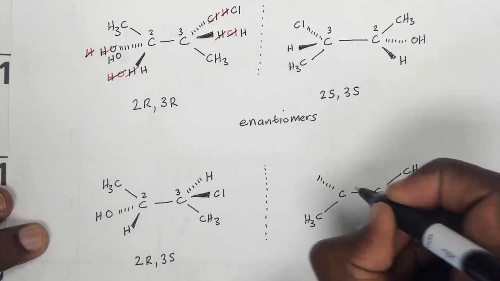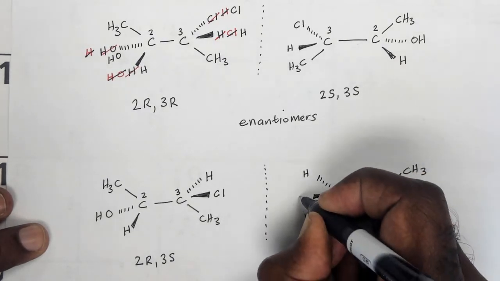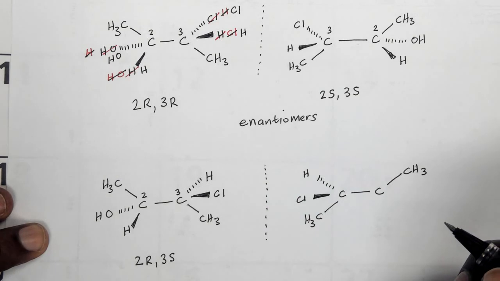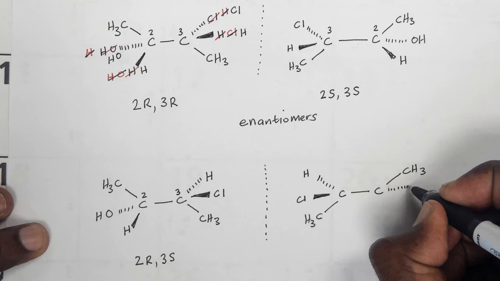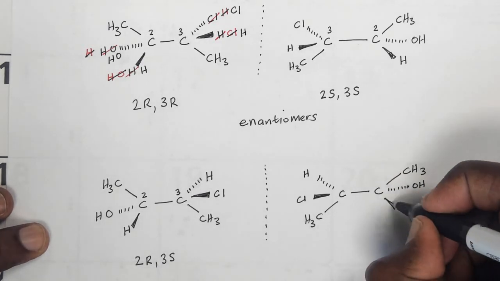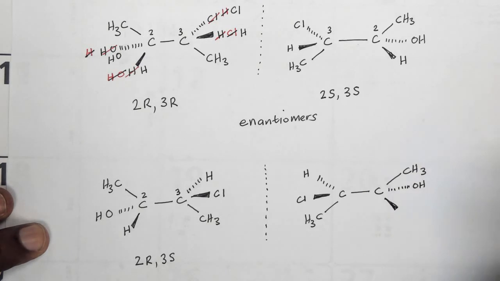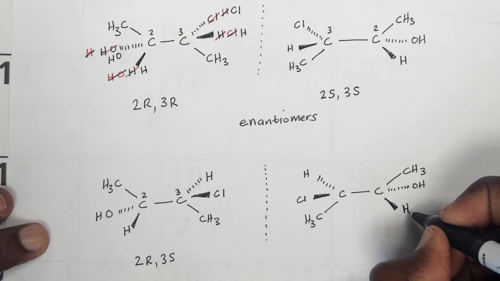Draw the hydrogen pointing away from me, chlorine pointing toward me and out of the plane, and on the far side of the mirror the hydroxy group is pointing away from me, and I have the hydrogen pointing toward me.